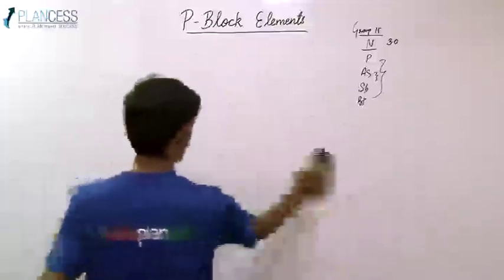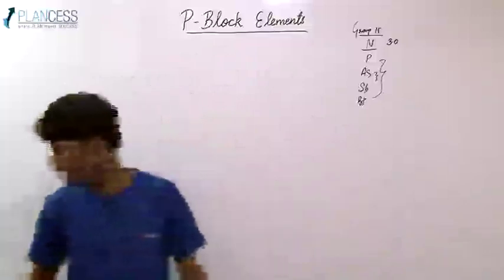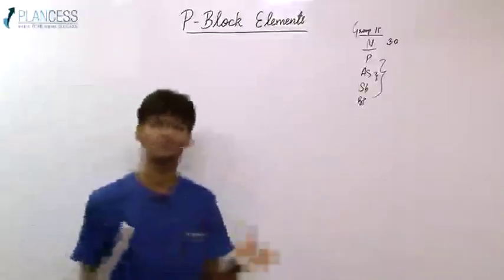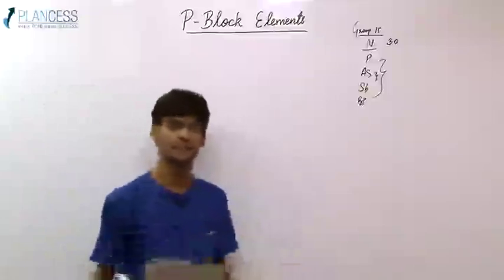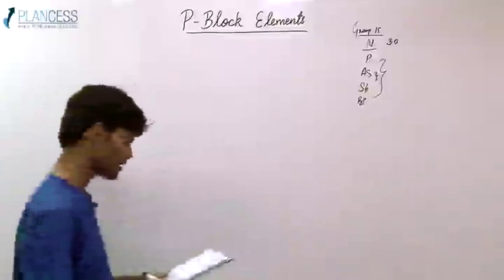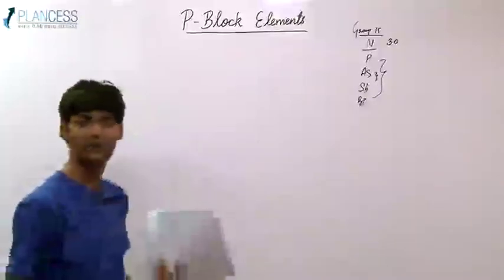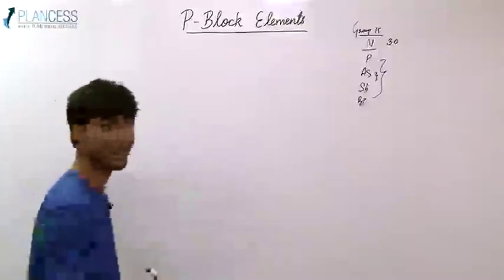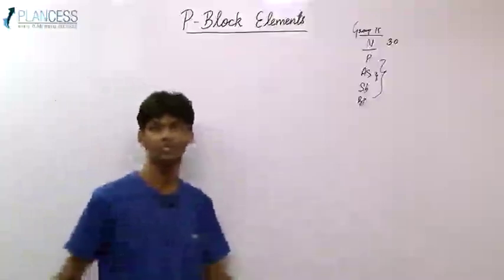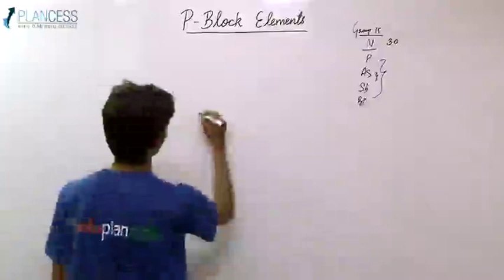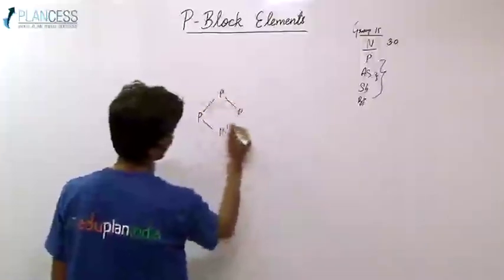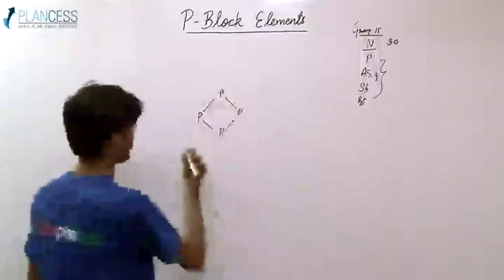Phosphorus also shows allotropy, and there are mostly three allotropes of phosphorus: white phosphorus, red phosphorus, and black phosphorus. I will talk about each allotrope one by one. First is white or yellow phosphorus, which exists as a P4 molecule, something like this, P, P, P, P. This is the white phosphorus.